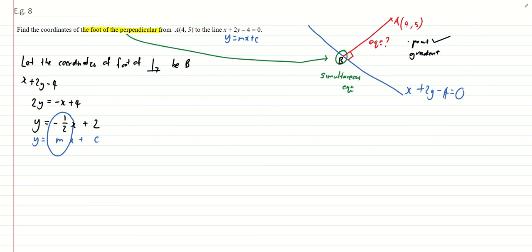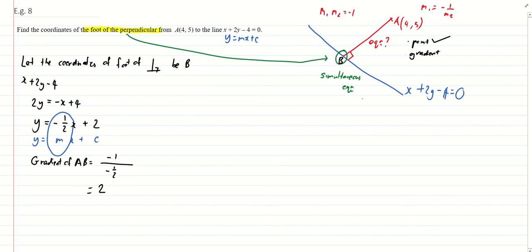So we know that if I have perpendicular lines, the product of the gradients is -1. Or we can use m1 = -1/m2. So gradient of AB is equal to -1 divided by -1/2, and -1 divided by -1/2, I will get 2.